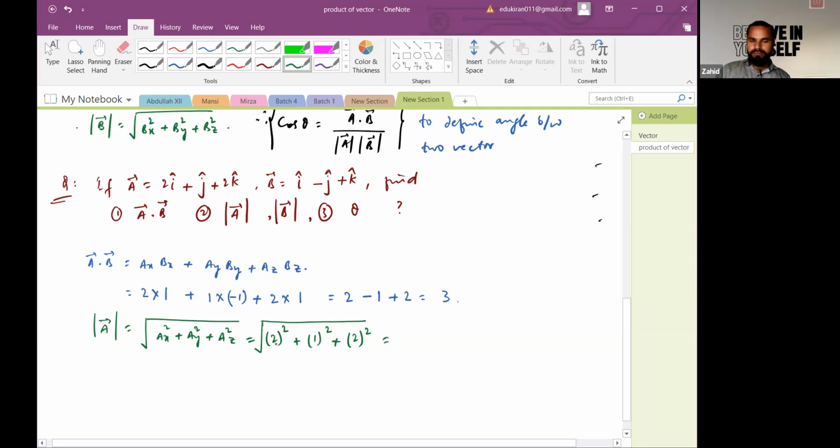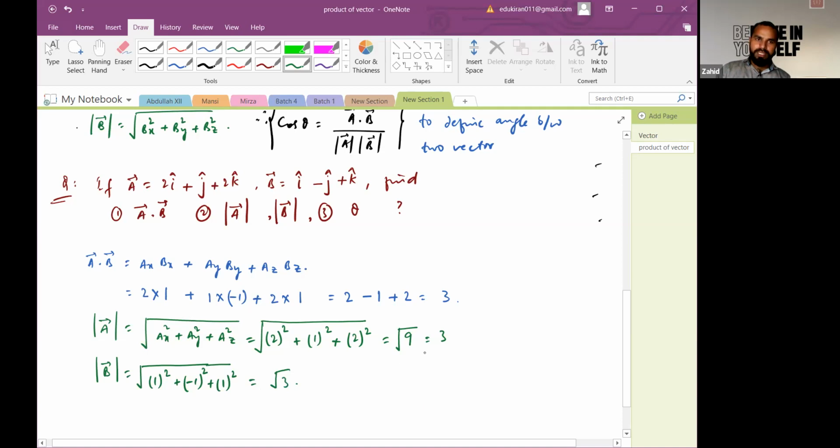So you will get 4 plus 1 is 5, plus 4 is 9, root under 9, so it will be just 3. Similarly, if you find B mod, it will be root of 1 square plus minus 1 square plus 1 square. So you will get 1 plus 1 plus 1, that is root 3.